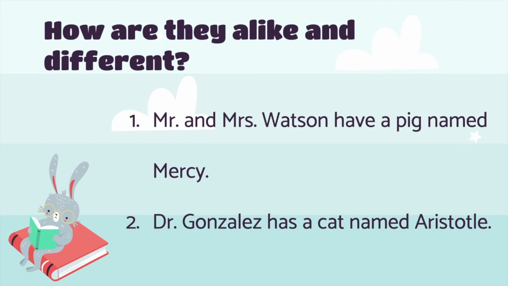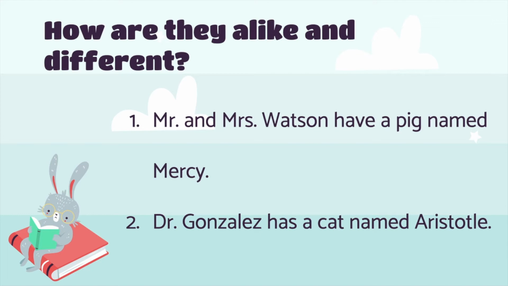Okay, so for these next 2 sentences, I want you to think about how these 2 are alike and how they're different. First one says, Mr. and Mrs. Watson have a pig named Mercy. The next one, Dr. Gonzalez has a cat named Aristotle.